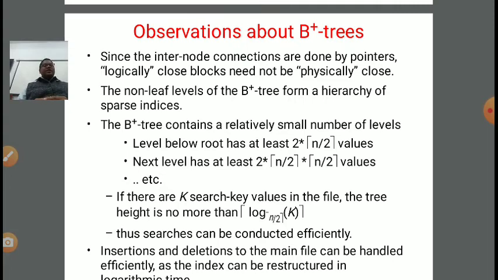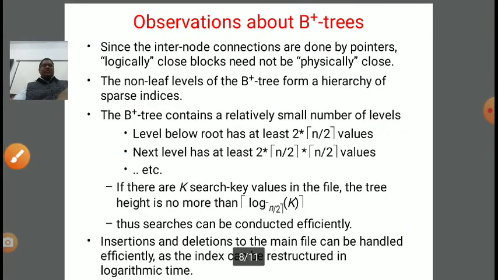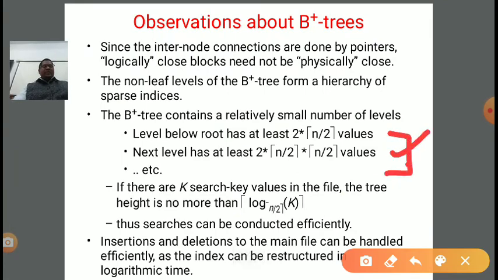The B plus tree contains a relatively small number of levels. The level below the root has at least 2 into upper bound of n by 2 values. The next level has at least 2 into upper bound of n by 2 into upper bound of n by 2 values, etc. So these two important points are observed from the B plus tree. Very, very important concept.